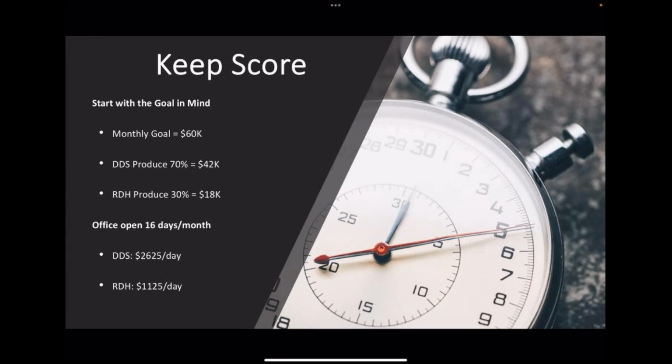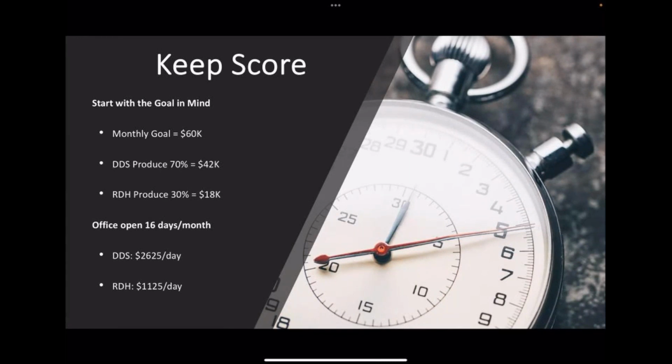So if you break it down there, 70% is $42,000, hygiene production is $18,000. We're open 16 days this month, so therefore the doctor should produce around $26.25 and the hygienist $11.25. That just, now it shows me as the scheduler and as a team, okay, well, what do I need to put in the schedule every day for the doctor and hygienist on average?